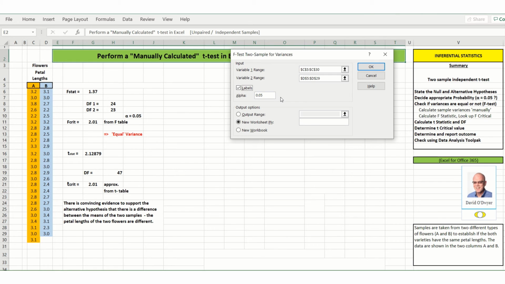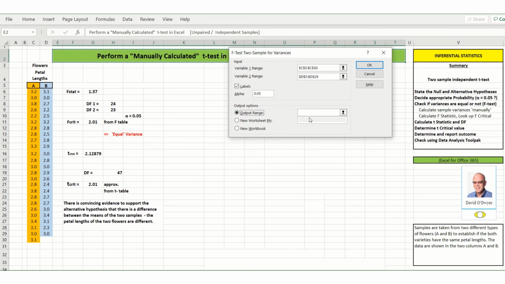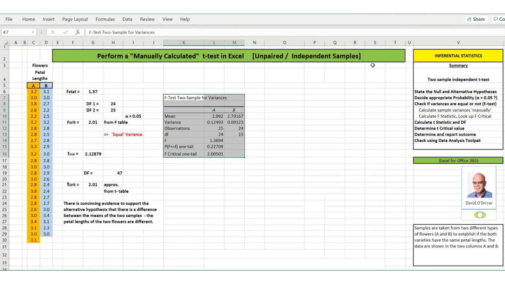Our alpha is 0.05 as we've already chosen. The output range is where we're going to put it. So we're going to put it in our own sheet here. I'll click into this box and then pick a zone here. Then all I need to do is click OK, and Excel will generate the statistics for us. We can see from that the statistics are very similar to the ones that we calculated ourselves.